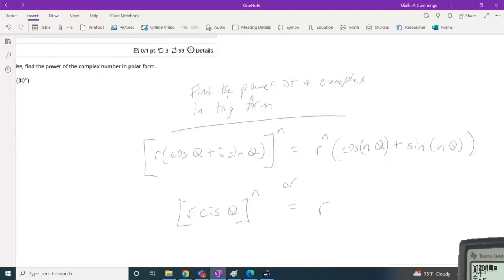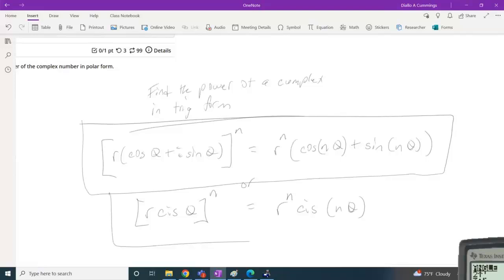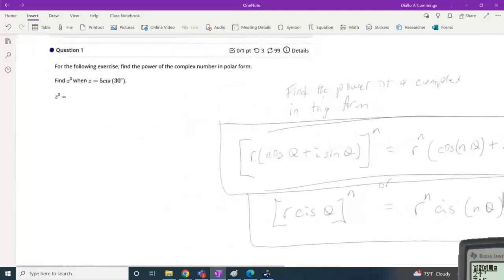I will simply take my modulus and raise that to the nth power, and I would multiply n times our argument. Right, so here are the two formulas to find the power of a complex number in trig form. Right, so let's take a look at the example.